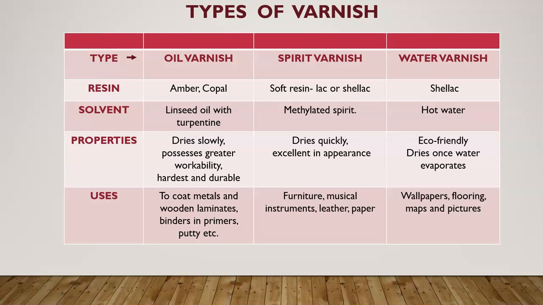The spirit varnish and water varnish have softer resins like lac or shellac. The solvent in oil varnish is mostly linseed oil with turpentine. In spirit varnish, it is methylated spirit, while in water varnish, it is hot water.